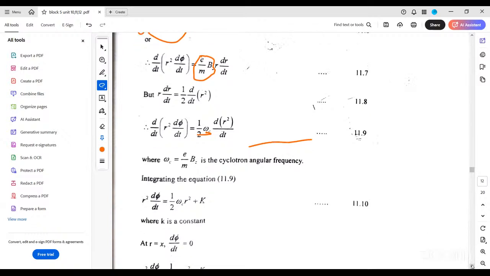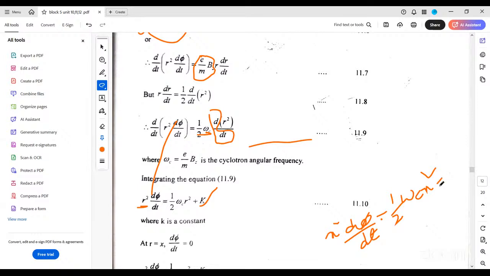From 11.9, R square d phi by dt plus 1 by 2 omega c R square gives one constant K. Then substituting R equal to X, the equation becomes X square d phi by dt plus 1 equals 1 by 2 omega c X square plus K. In that, substitute d phi by dt equal to 0.